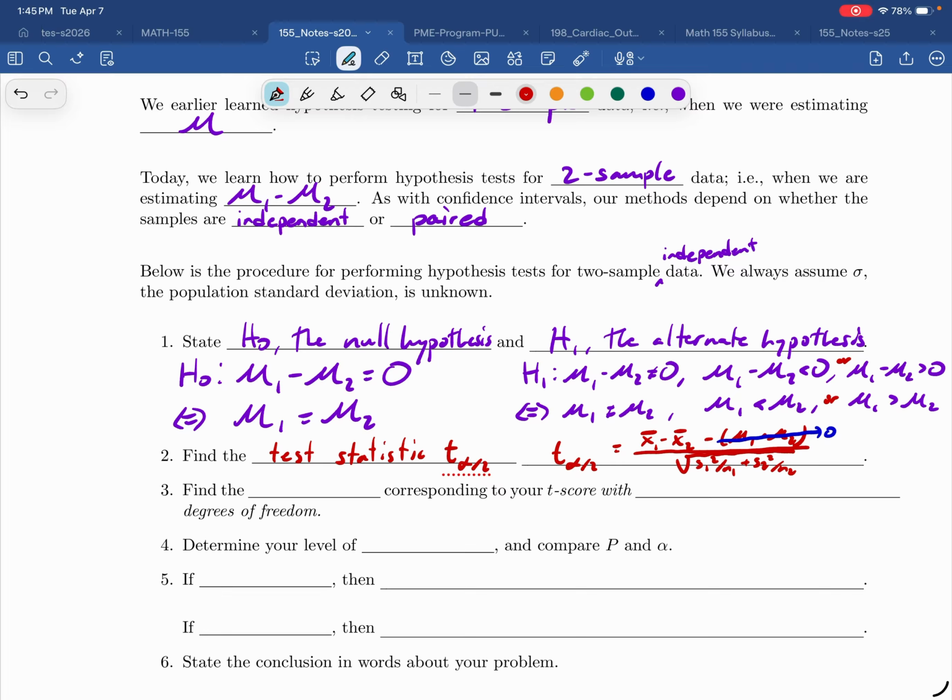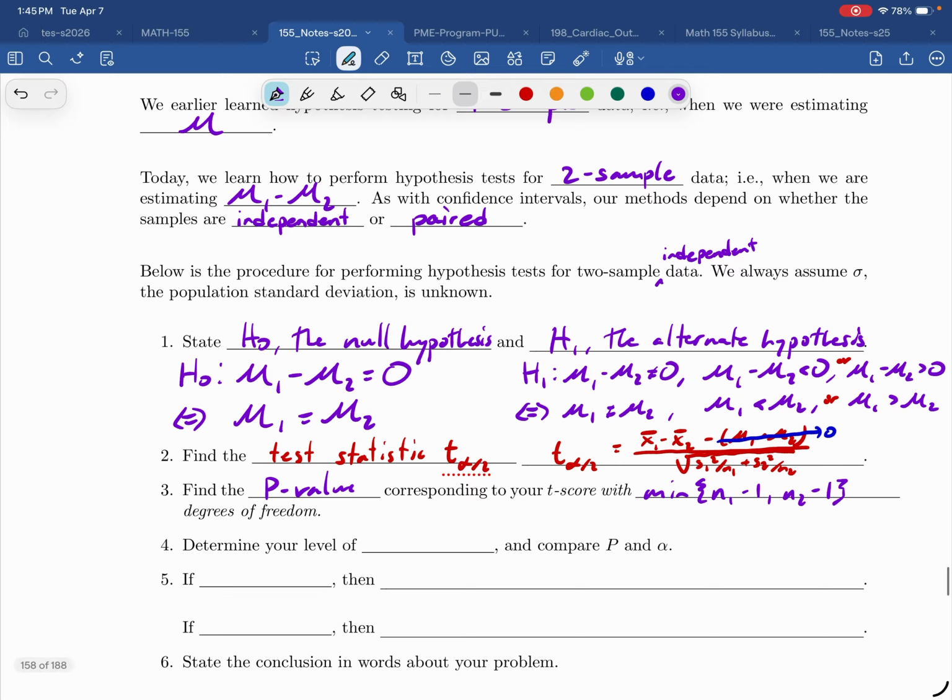Okay? So once we have that, we're going to find the p-value corresponding to the t-score with, you remember what the degrees of freedom were? Now remember, technically speaking, it's this complicated formula, and Excel will handle that. But for our purposes, it's just the minimum between n1 minus 1 and n2 minus 1, because remember, n1 and n2 do not need to be the same thing.